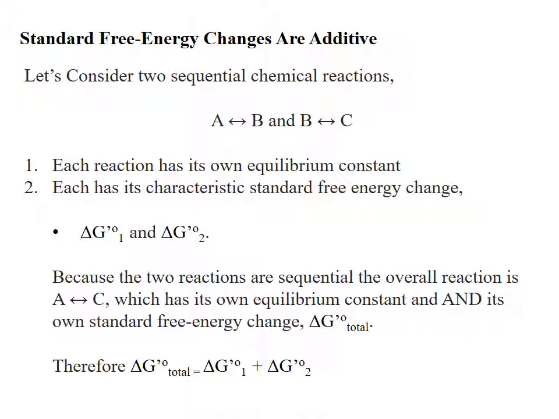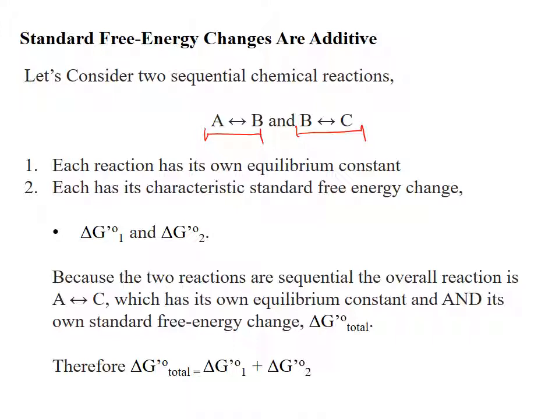When it comes to chemical reactions in biological systems, there are rarely cases in which there is only one reaction occurring. Reactions in biological systems are usually sequential. So let's assume we have an A to B reaction, which is an equilibrium reaction, and then we have B to C, another equilibrium reaction. And of course, these are different reactions.